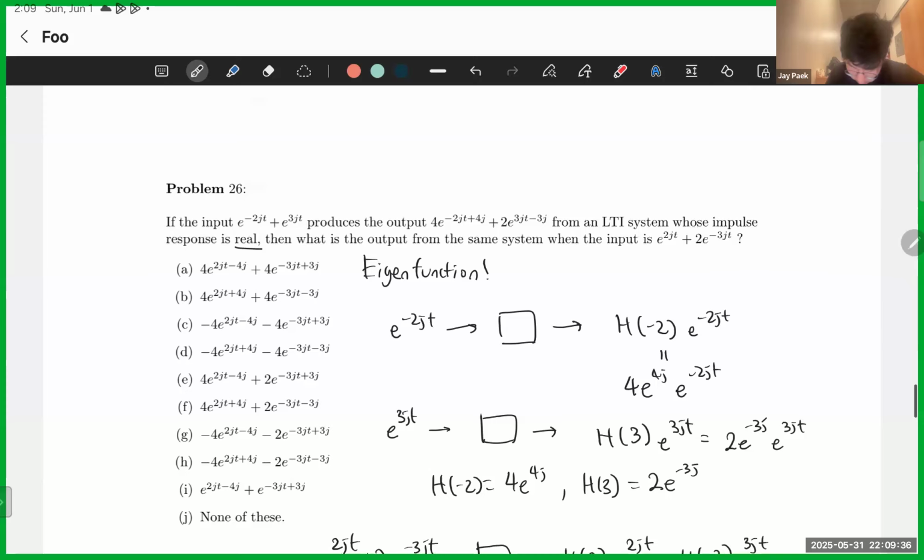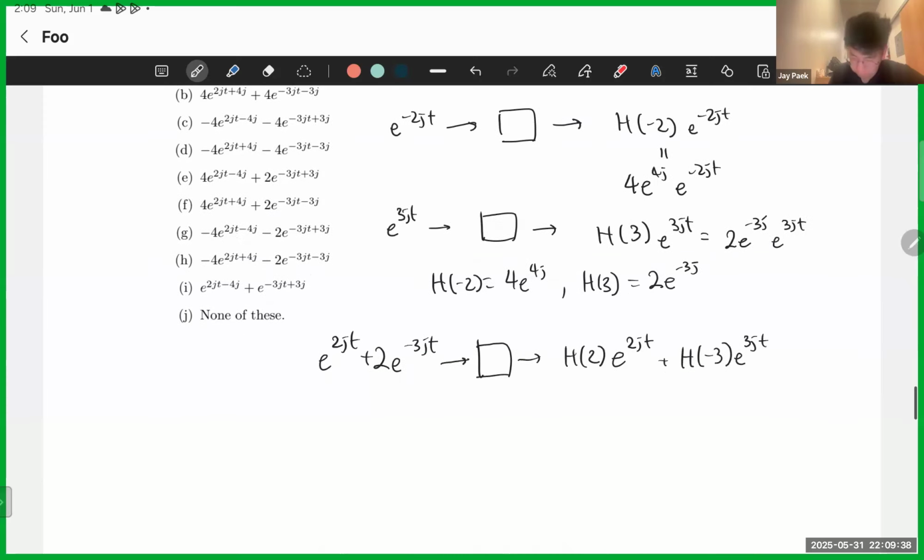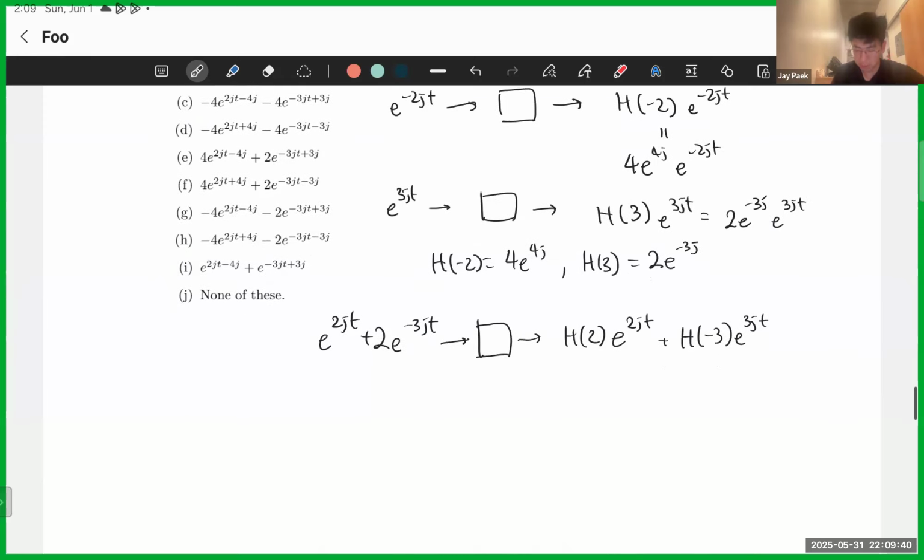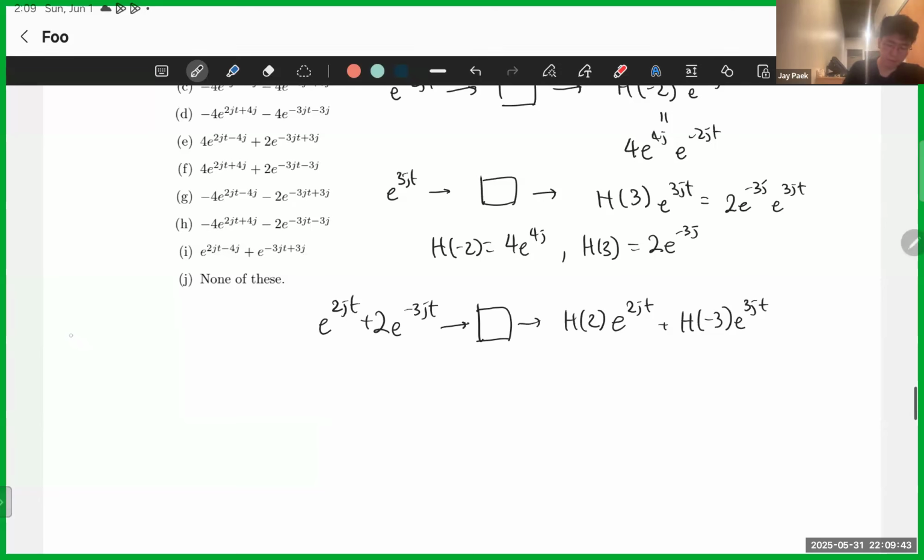And recall that if h of t is real, this directly implies that h of omega is equal to h of negative omega conjugate. This is a fact.